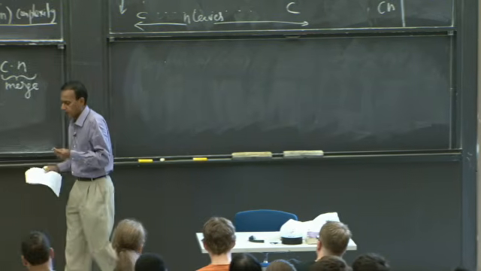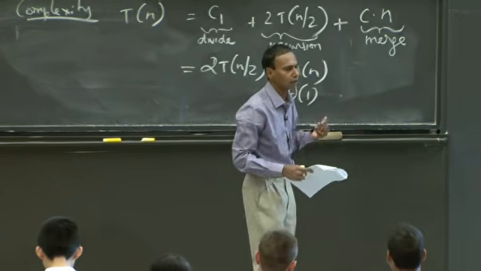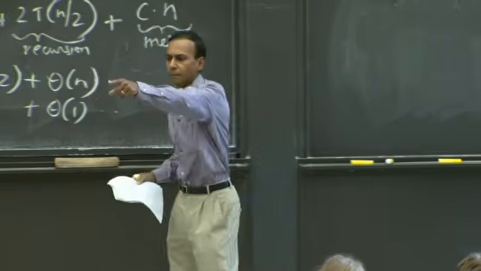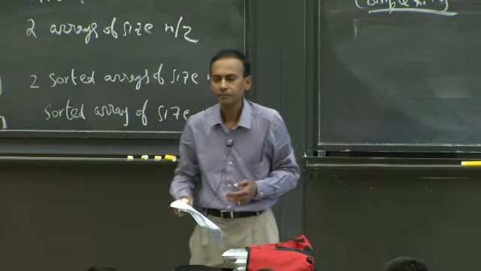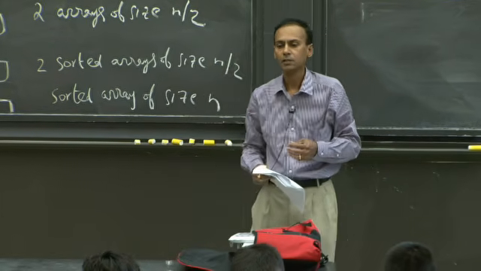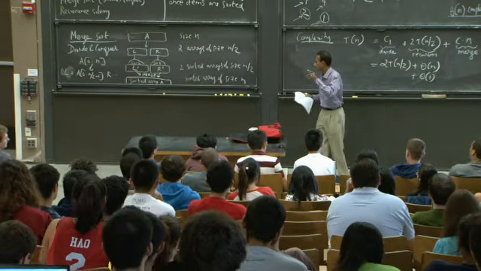What is one advantage of insertion sort over merge sort? Yeah? You can store it in place. What does that mean? You don't have to move elements outside of the memory that are already in there. That's exactly right. That's exactly right.